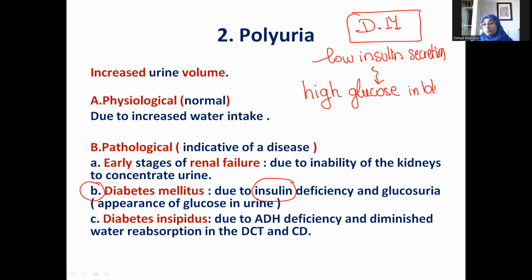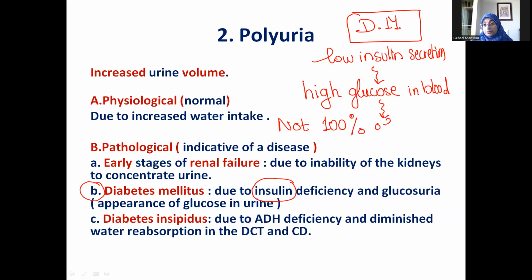And when glucose levels are high in the blood, then not 100% of the filtered glucose at the kidneys will be reabsorbed, because the amount filtered is huge.